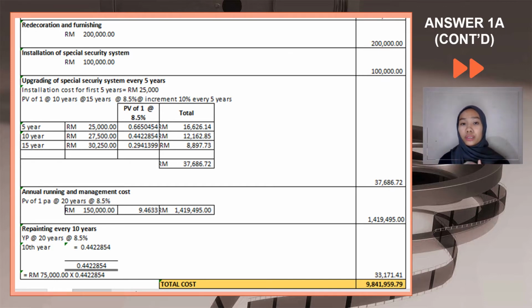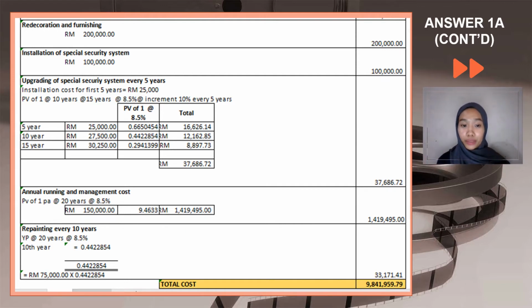You don't have to include year 20, because even though the tenant rents until year 20, after year 20 the tenant is already gone. So there is no need to calculate that. The total cost for upgrading the special security system is 37,000.